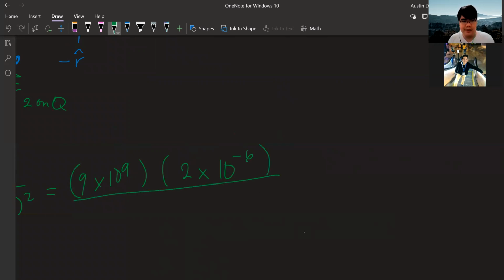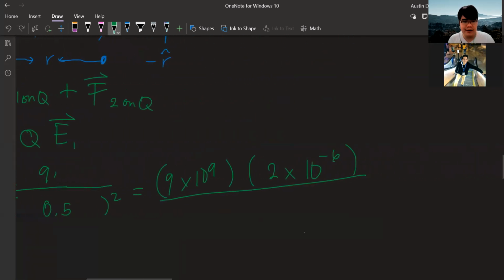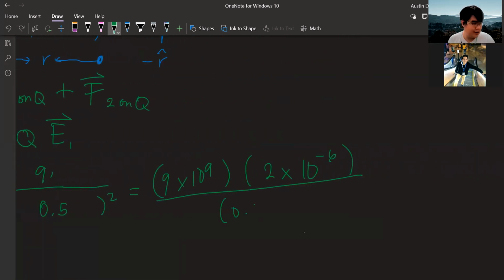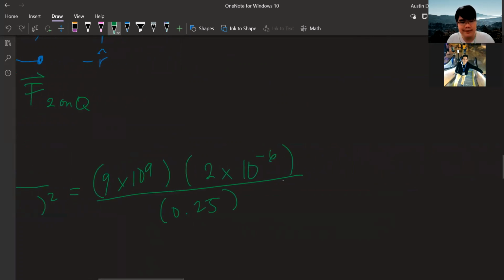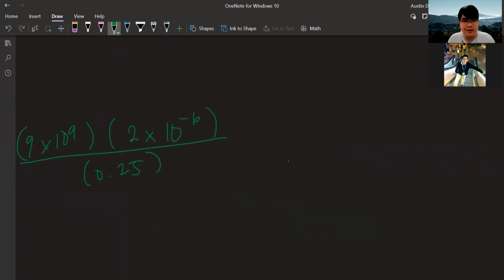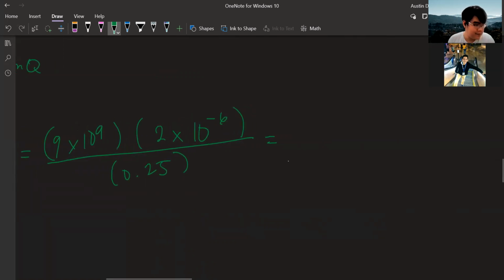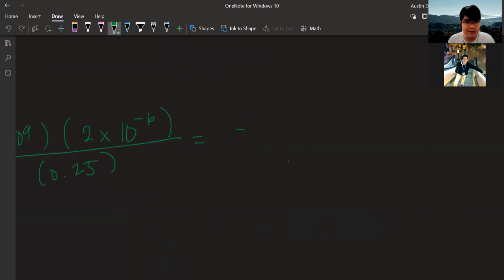Then 0.5 squared, that would be 0.25. Okay? Kalahati ng 0.5, di ba? So, plug in mo na lahat, throw it in your calculator. And you'd find that this is actually 72 times 10 to the 3. Okay?